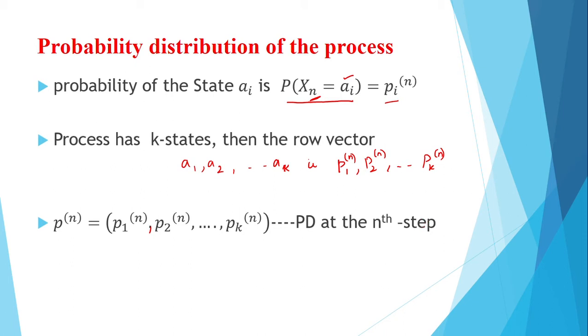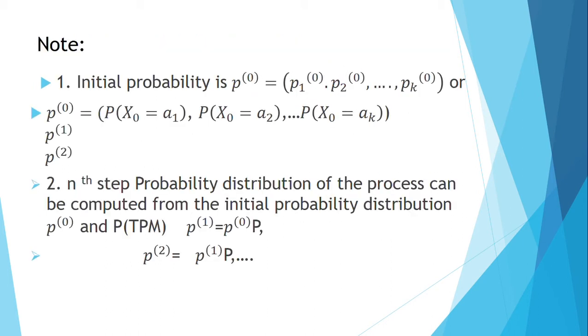Okay. Next, here we have some important notes to do problems. First note, it's about the initial probability distribution of the process. We know that the probability at the nth step is written as P of n, a row vector P1 of n, etc., Pk of n.